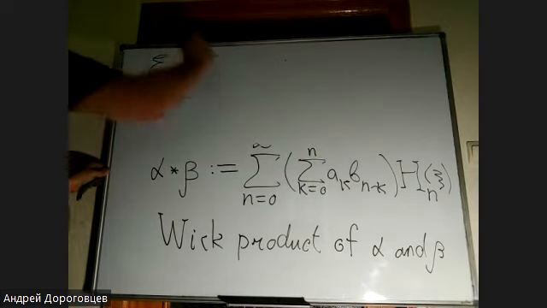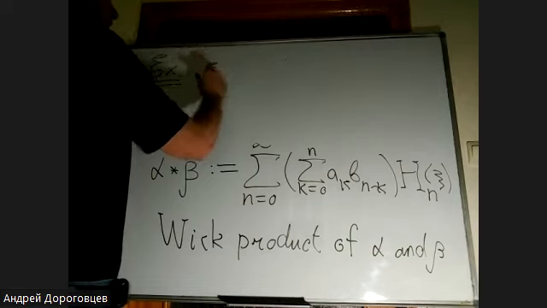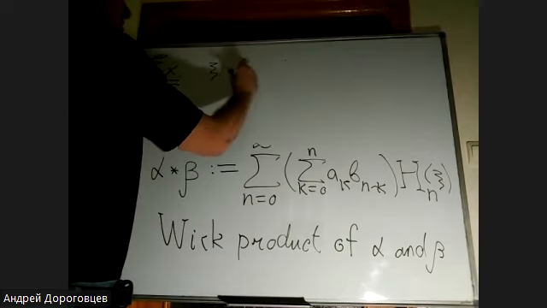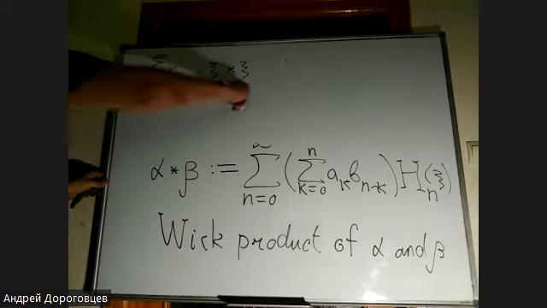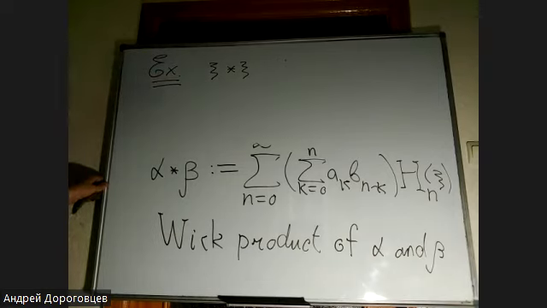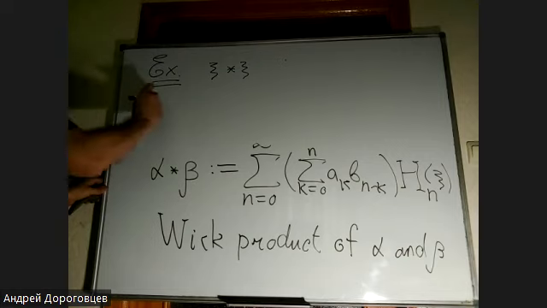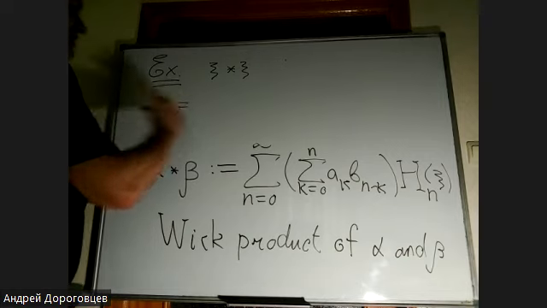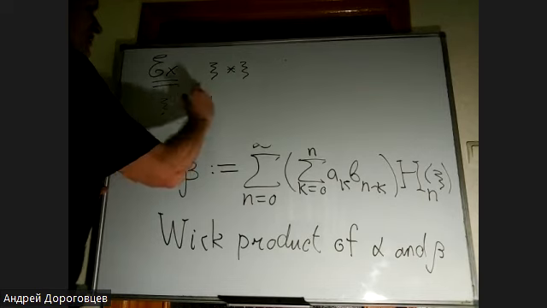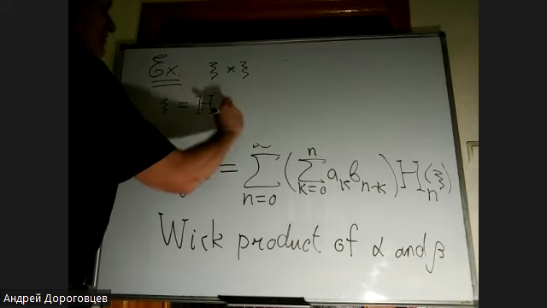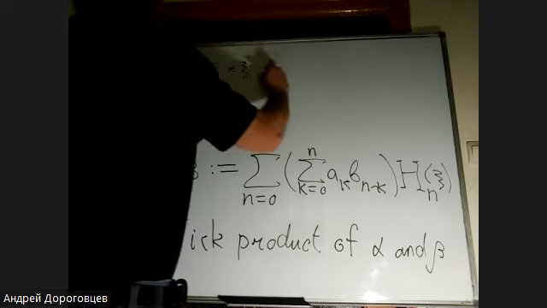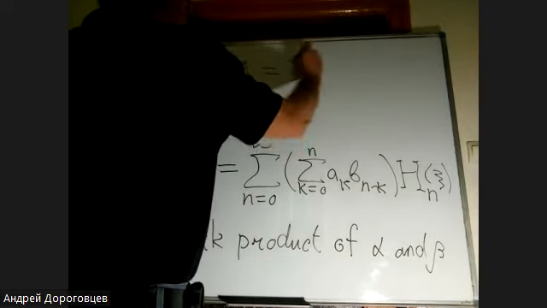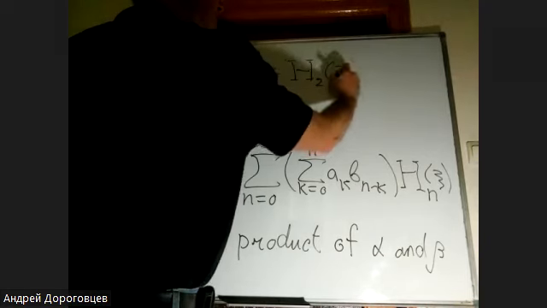Consider the case when we multiply ψ by ψ. Since both these variables have a very simple Wiener expansion, like this one, it can be easily checked that this is exactly H_2 of ψ.